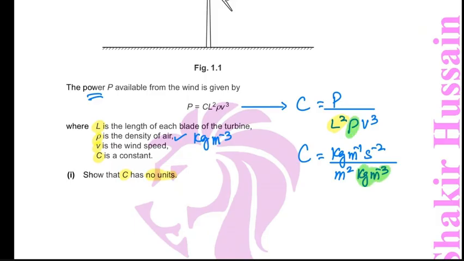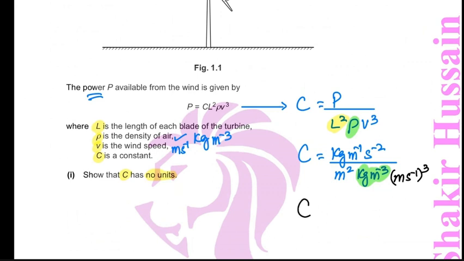Then the next thing is v. What is v? v is the speed, and speed is meters per second. So it is meters per second, cubed.